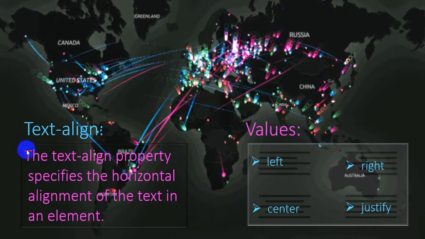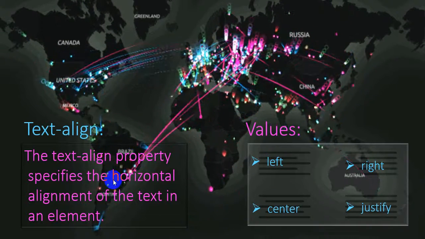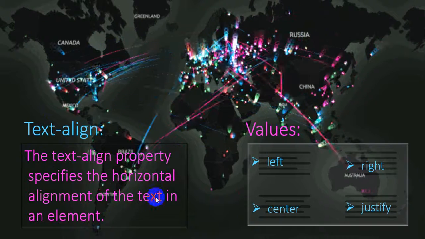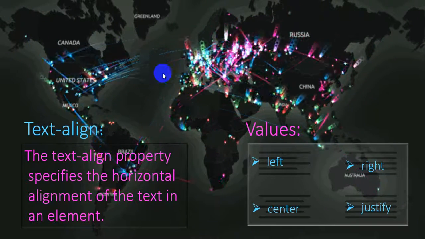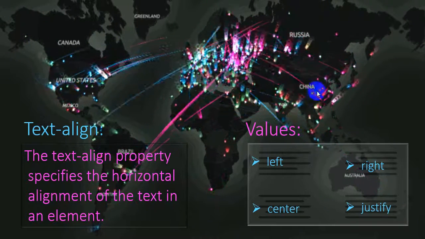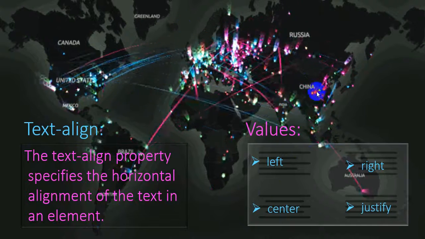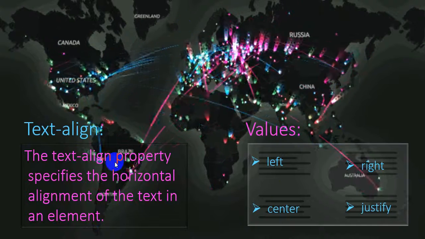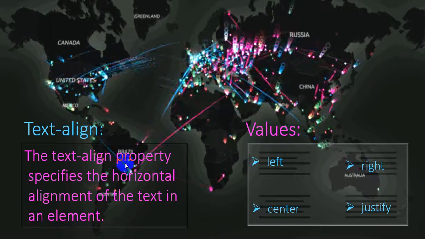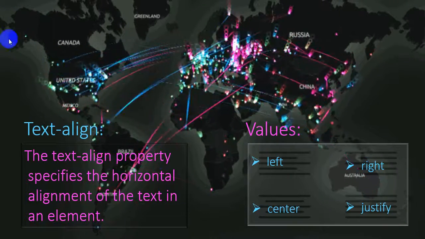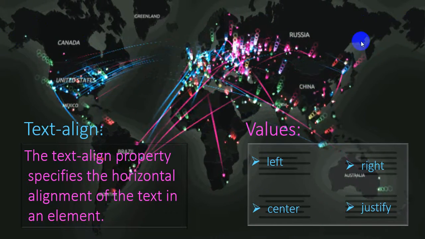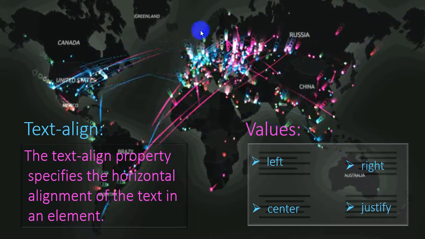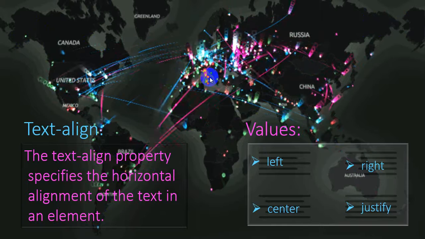See, I just want to show: the text align property specifies the horizontal alignment of the text in an element. Okay, horizontal means row wise. This is the horizontal line and this is a vertical line. So the text align property is used to align the text horizontally, means row wise. The row or paragraph can start from the left hand side, can start from the right hand side, or can be in the center of your page.